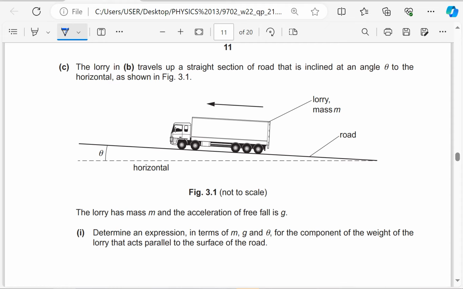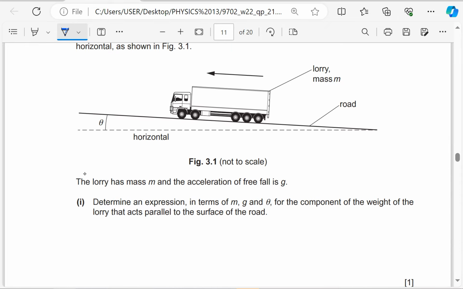The lorry travels up a straight section of road that is inclined at an angle theta to the horizontal, as shown in the figure. The lorry has mass m and acceleration of free fall g. Determine an expression in terms of m, g, theta for the component of the weight of the lorry that acts parallel to the surface of the road.